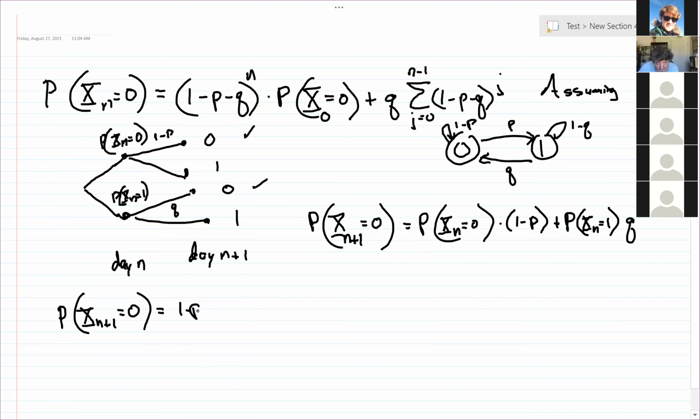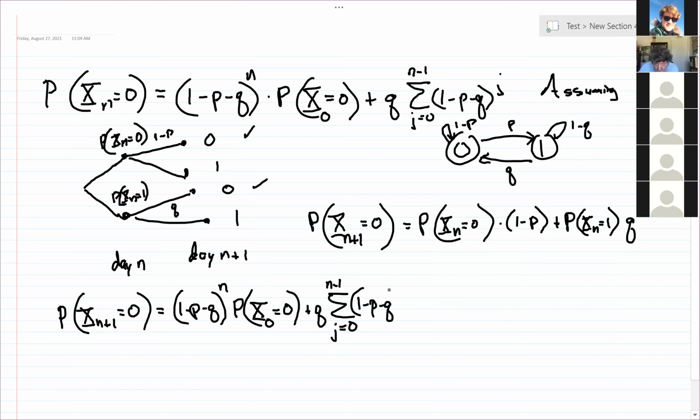So it's (1 minus P minus Q) to the n, times P at time 0 you're broken, plus Q times the summation from j equals 0 to n minus 1 of (1 minus P minus Q) to the j.